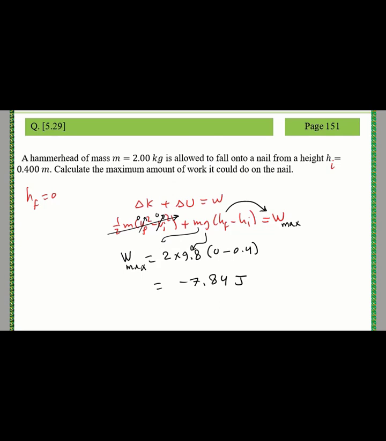This is the maximum work that could be done on the nail if the change in the kinetic energy is said to be 0.